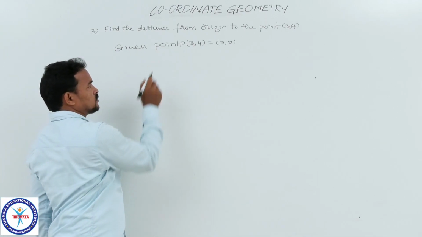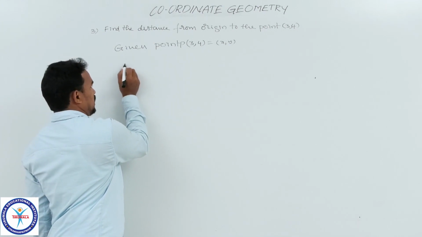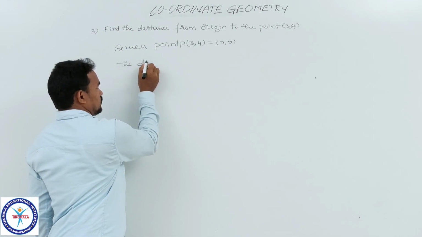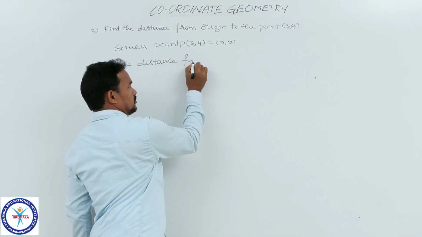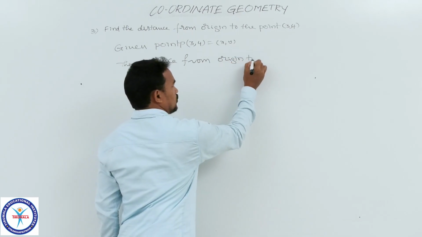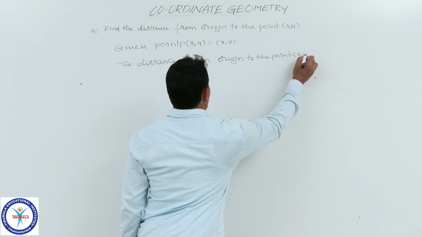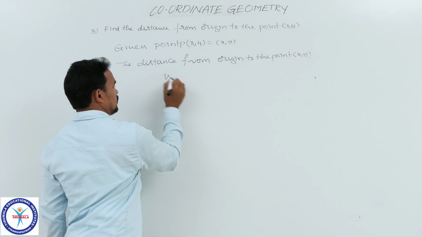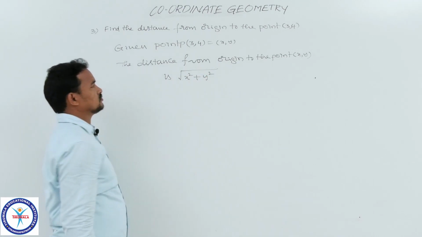How do we know the distance from origin to any point? The distance from origin to the point x, y is root over x square plus y square.